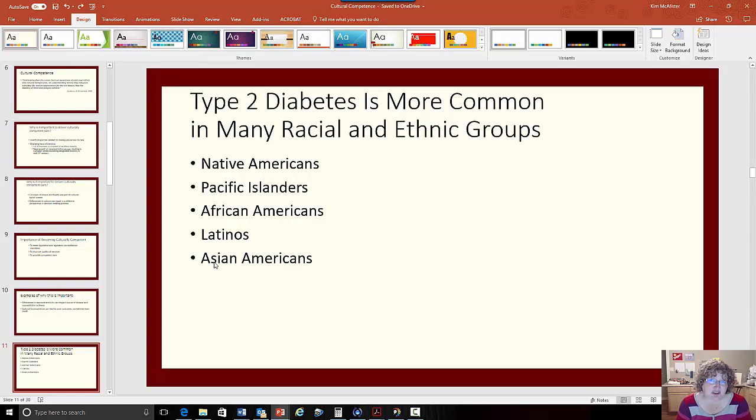I don't know if you're aware of it or not, but diabetes increases your risk of heart disease significantly, and it also increases your risk of death as well. And so it's very important for our African American patients to have their blood pressure under control and also to have their blood glucose checked on an annual basis. Latinos also have a very high rate of type 2 diabetes, as well as Asian Americans.